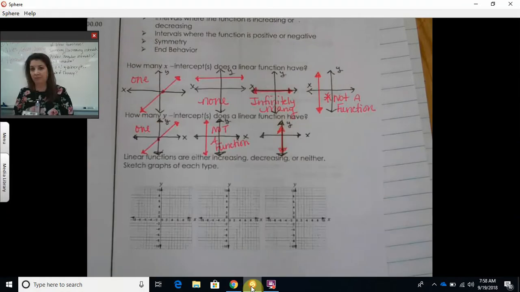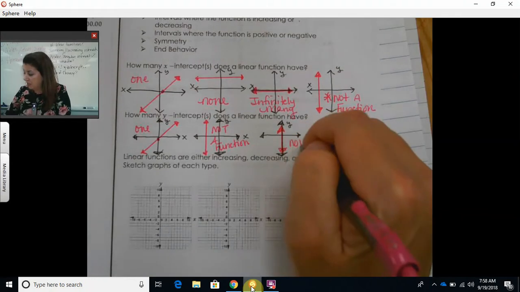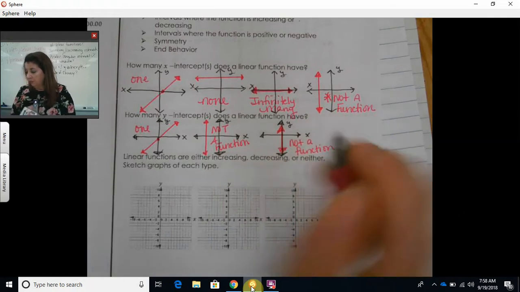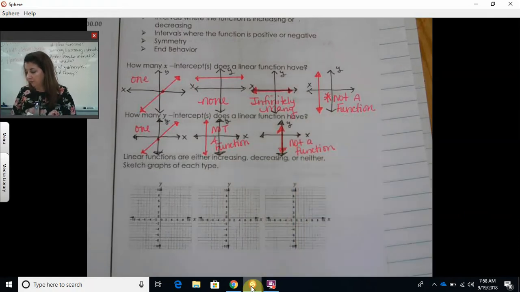But is it a function? No. If it just said the line, yeah, it'd have an infinite number, right? But it said function. This is not a function. Again, it does not pass the vertical line test. So if it's a linear function, it has to cross the y-axis at some point. Otherwise, it can be a line but not a linear function.